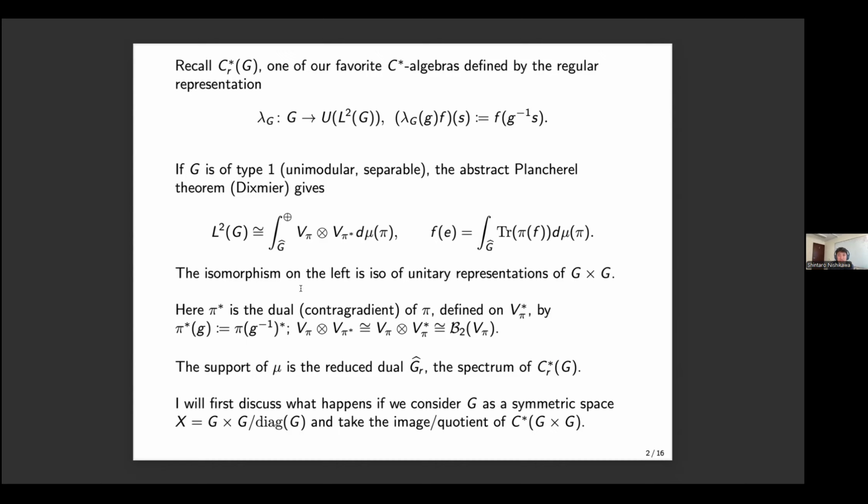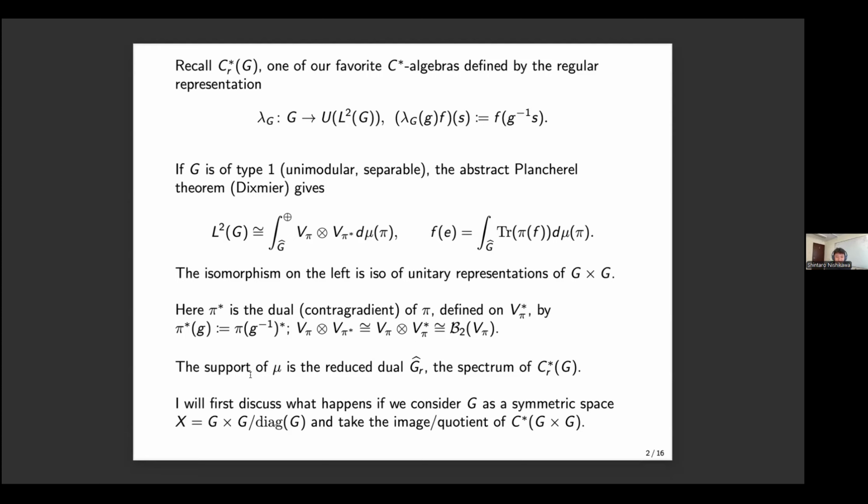One remark is that this space H_pi star is sometimes identified with the Hilbert-Schmidt operators on H_pi, because of this isomorphism H_pi tensor H_pi star is isomorphic to the Hilbert-Schmidt operators. This is one of the quite often cited theorems of Dixmier.